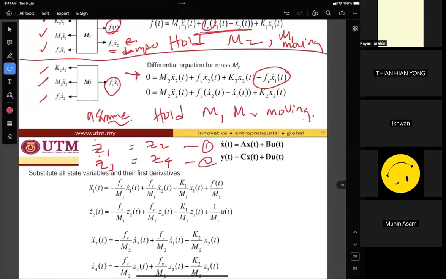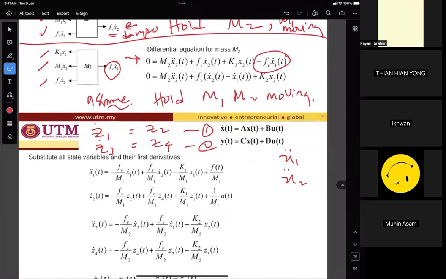So we have to find the x1 double dot and x2 double dot from the free body diagram and from the differential equation that we construct from the free body diagram.